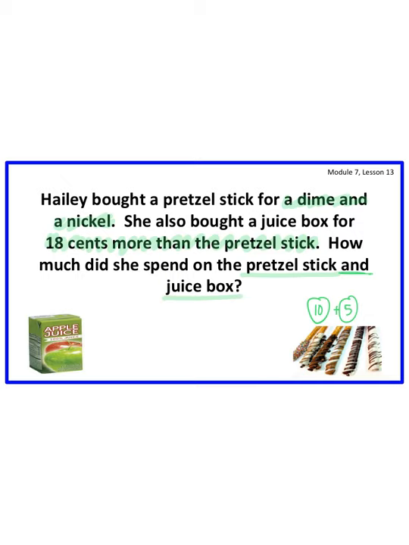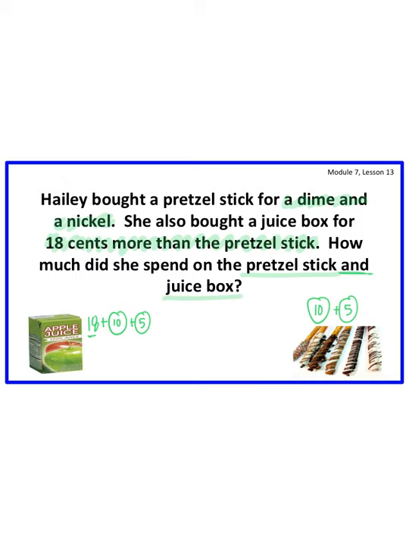The apple juice was 18 cents more than the pretzel stick. So she still had to pay the dime and the nickel, but then she had to do 18 cents more. And the question says, how much did she spend on the pretzel stick and the juice box? So give it a try. I'll see you in a couple of minutes after you finish it.